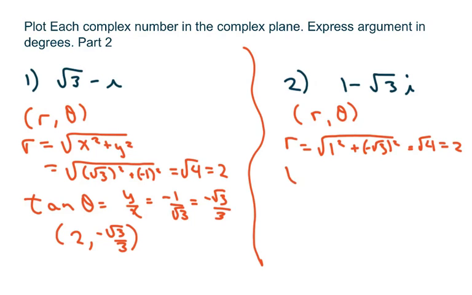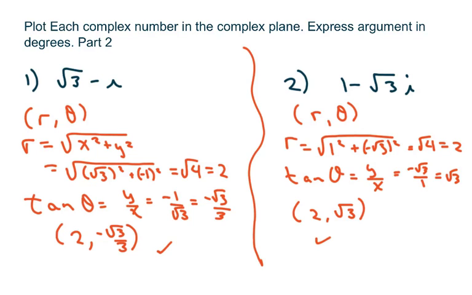And for our angle, we're going to use tan, which equals negative square root of 3 over 1, which equals the square root of 3. So basically we have 2 comma square root of 3. So we're going to plot this one and this one.